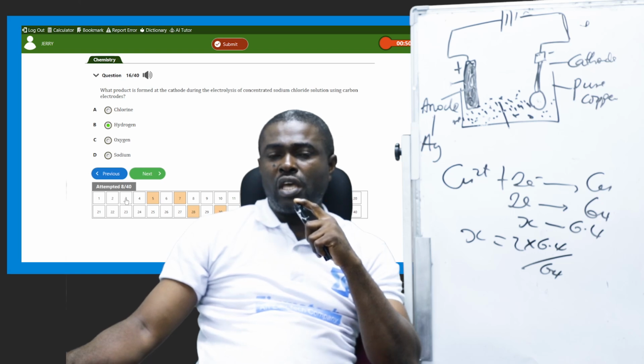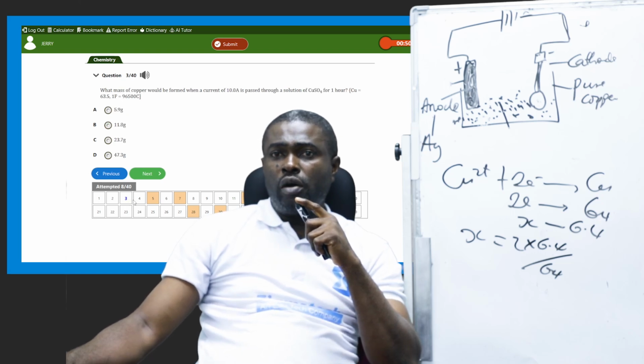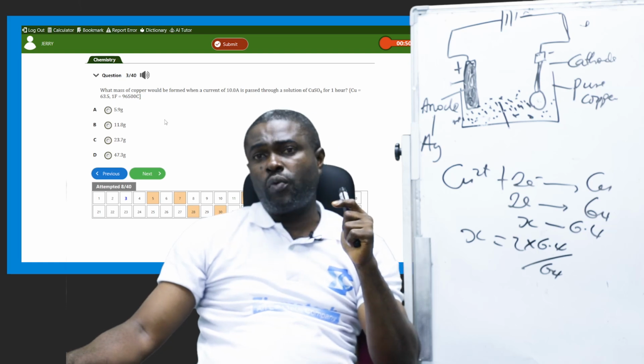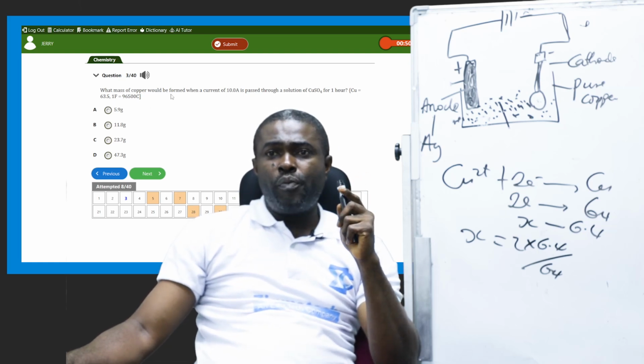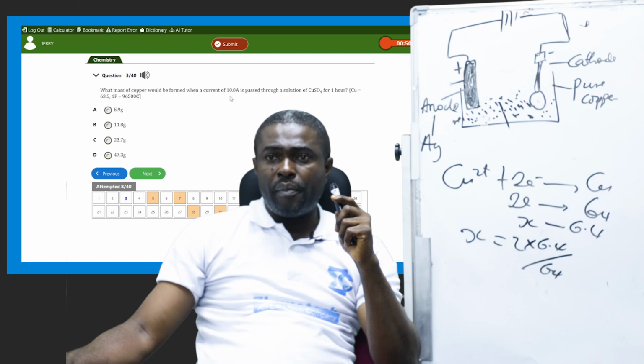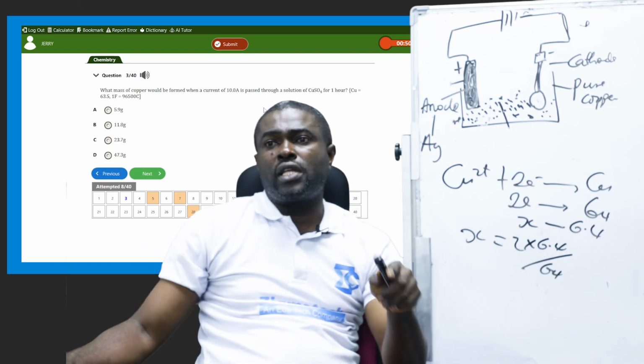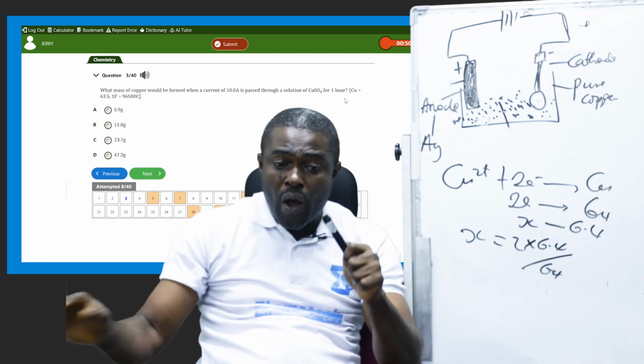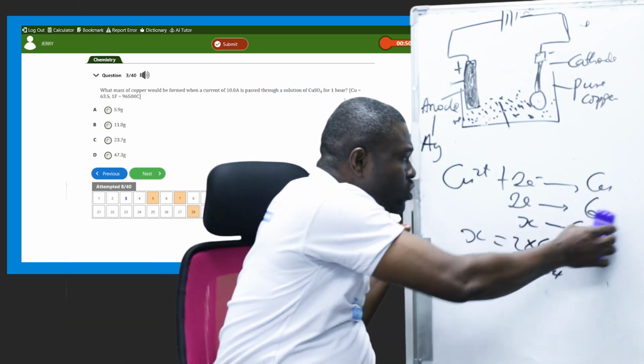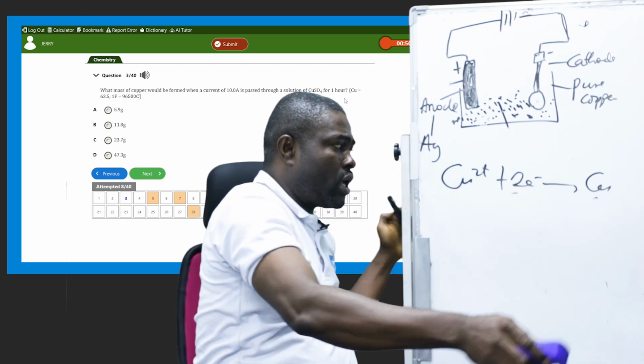Okay, forgive me, let me take one more. Number 3, this is a calculation. We are going to round up with this. What mass of copper will be formed when a current of 10.0 ampere is passed through a solution of copper(II) tetraoxosulfate(VI) for 1 hour? So it involves copper. I'm still using the equation here.